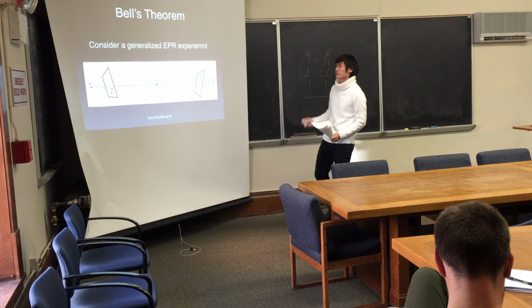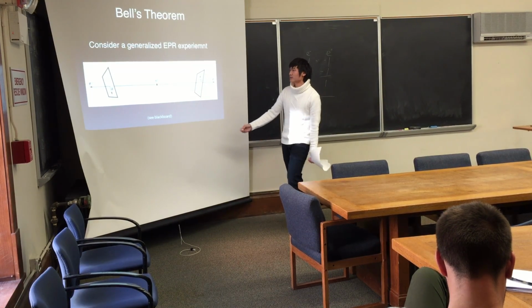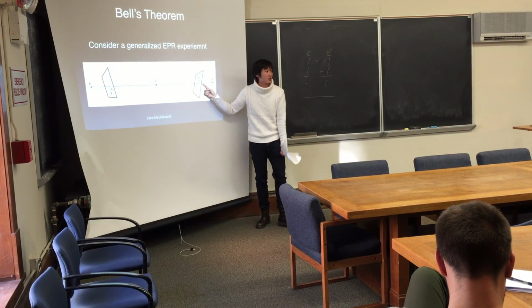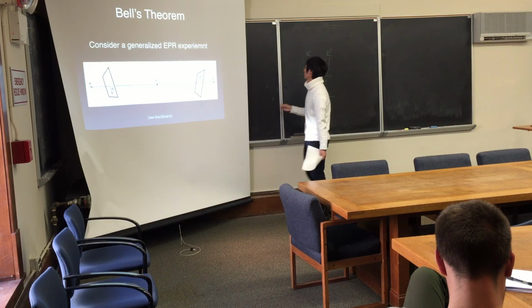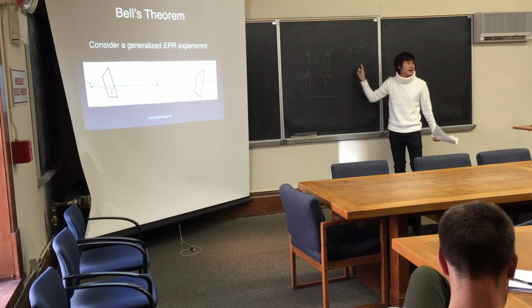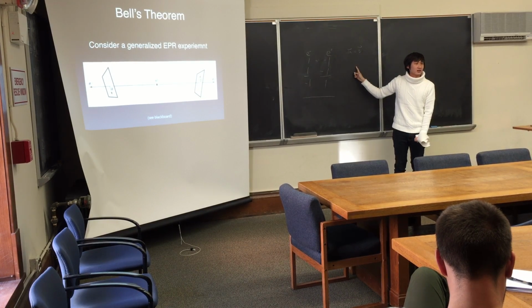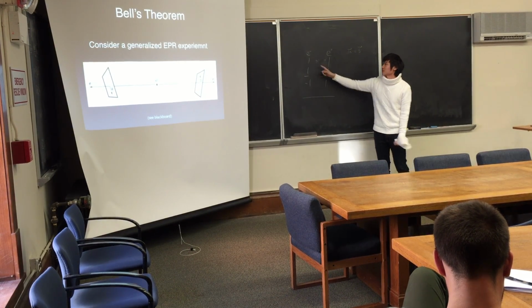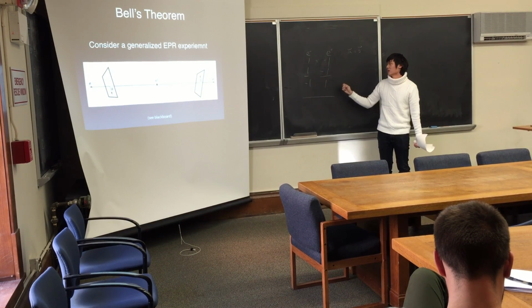So here is the generalized EPR experiment. You might say there's a vector A and a vector B here. If vector A and vector B are in the same direction, we recover the original EPR experiment, which means the spins are perfectly anti-correlated.